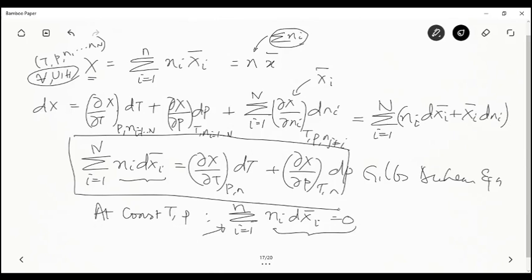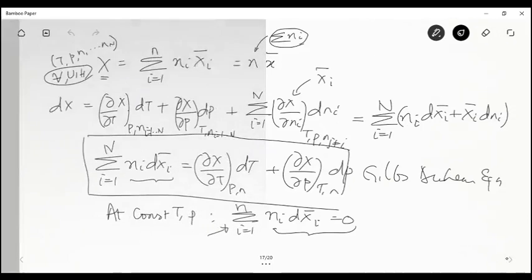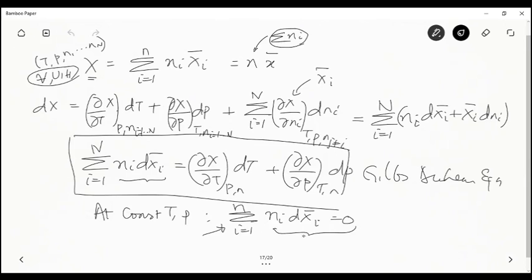It's a very, very fundamental equation, as important as the fundamental law of thermodynamics, which we wrote in this form. The Gibbs-Duhem equation defines, in addition to the basic fundamental law of thermodynamics, the way in which the changes in the various partial molar properties are related to each other.